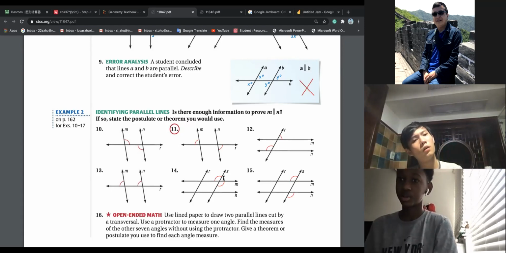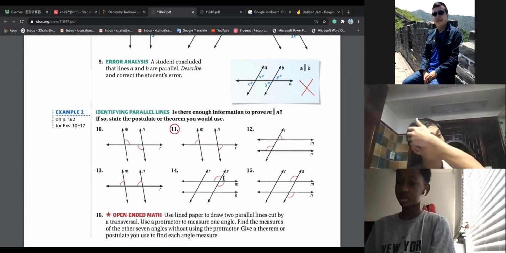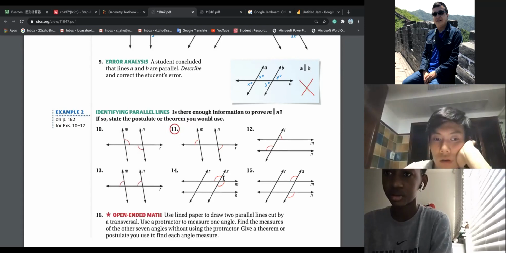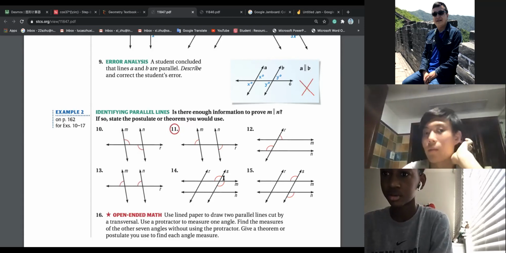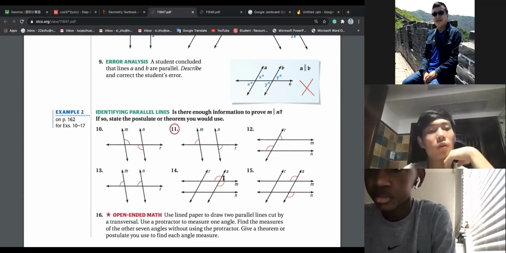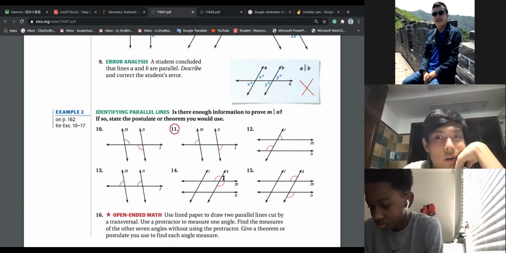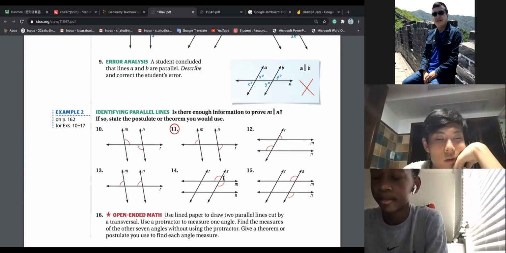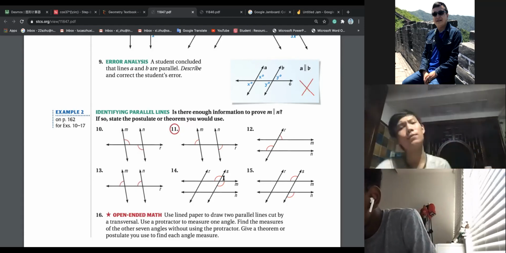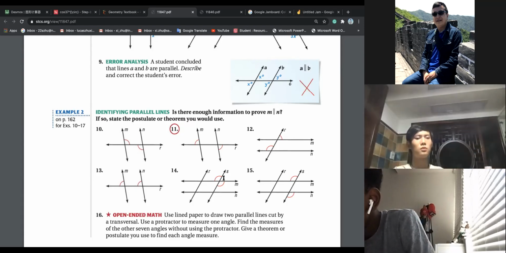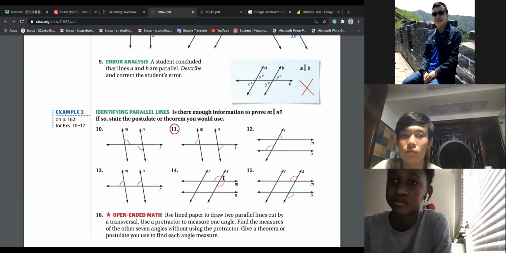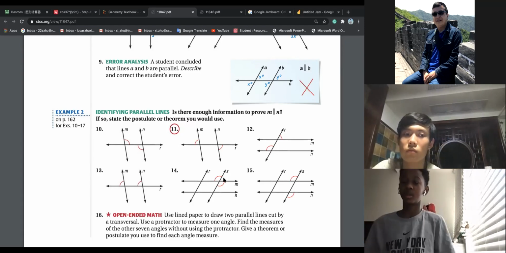Alternate exterior angles. No, that's not. They're not even exterior. Think about it. Make sure. Not interior.